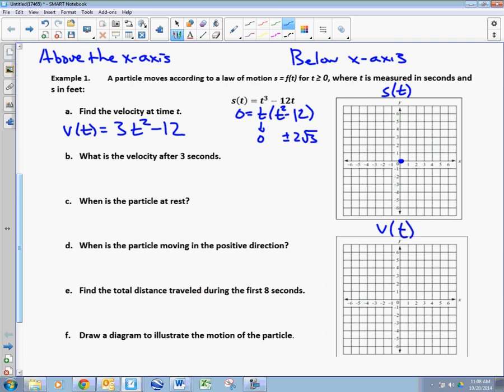If you find out what 2 roots of 3 is, it's about 3.4. So you have negative 3.4 and positive 3.4. So your graph looks something like that. It's a guesstimate, not exact.